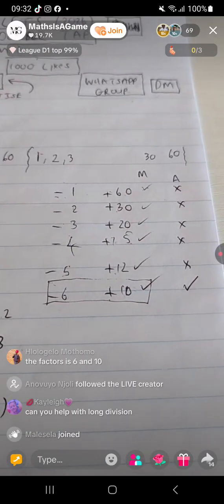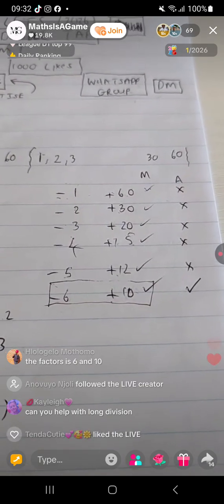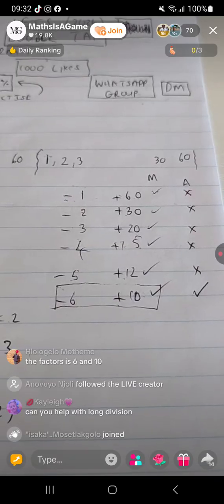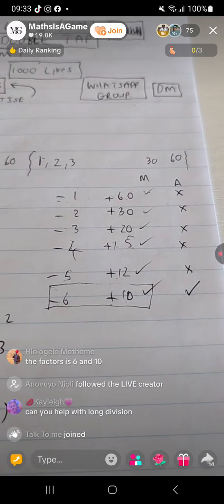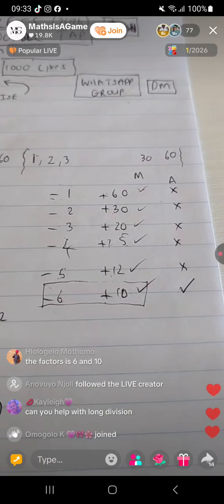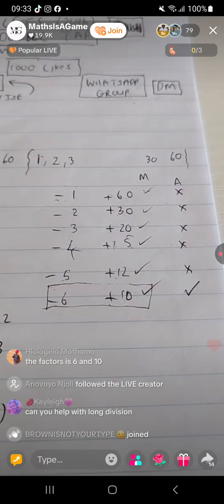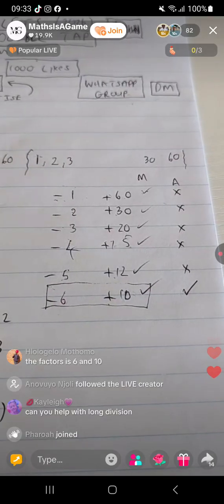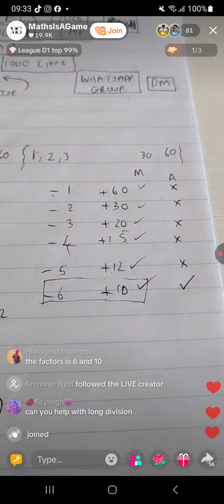But those who can't, please make sure that you first identify the factors, then assign the signs, and then choose the relevant pair of factors, which when you add them will give you the coefficient of the middle term.